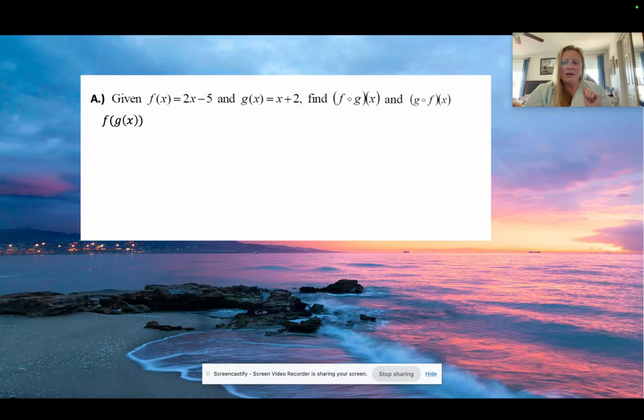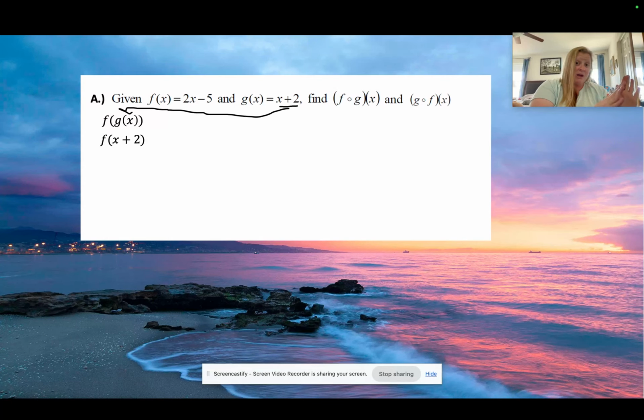So the first thing I recommend is that you rewrite it like this. So we're going to get F of G of X first, and we're going to write it just like this. And then we always look in the innermost parentheses. So I can see that G of X is inside. I want to replace that with the G formula.